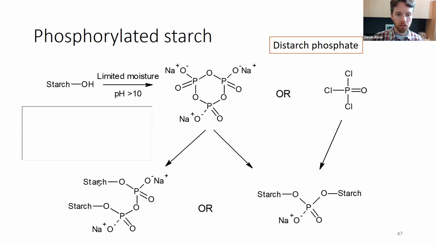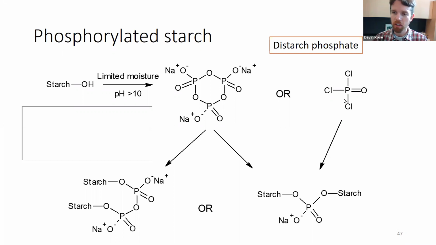And so now we have 2 starch molecules hooked together. That's why we have the distarch. We can also react on the same phosphate and get just one phosphate cross-linking the two starches. And then the other phosphates would just be lost.